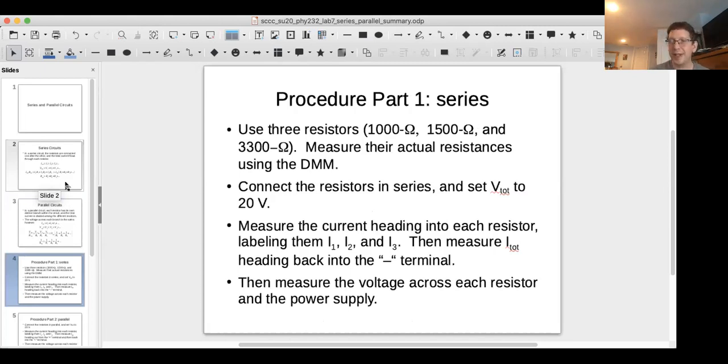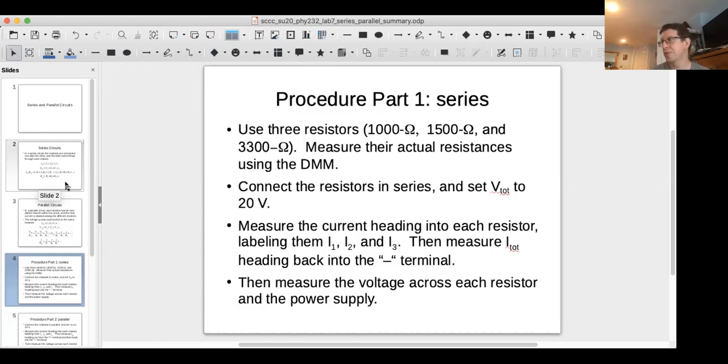You're going to connect the resistors in series. The power supply I was using didn't actually go up to 20 volts, so it was more like 5 volts, I think. But it doesn't affect the basic principles you're going to be looking at. Keep track of what the voltage I set in the video is.